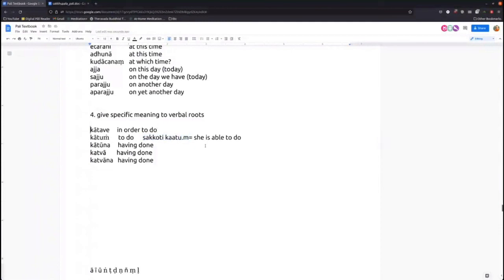So let's be clear here that these are the suffixes. So the tum suffix, anytime you see a verb ending with tum, it's the infinitive, and you've got to look for a verb like sakkoti, meaning she, here, it is able.